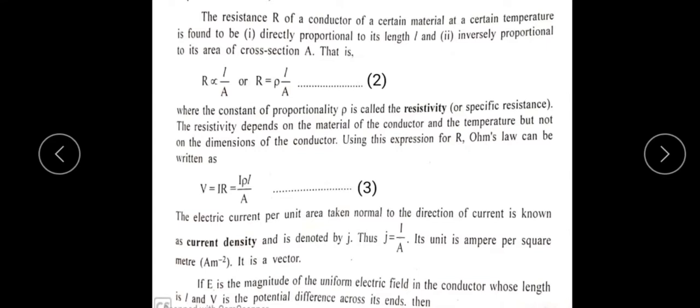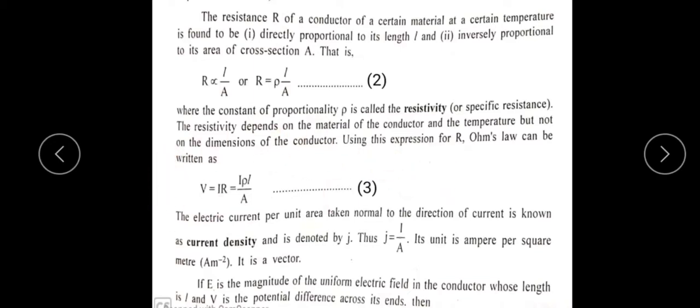The electric current per unit area, taken normal to the direction of the current, is known as current density. This is after the third equation.